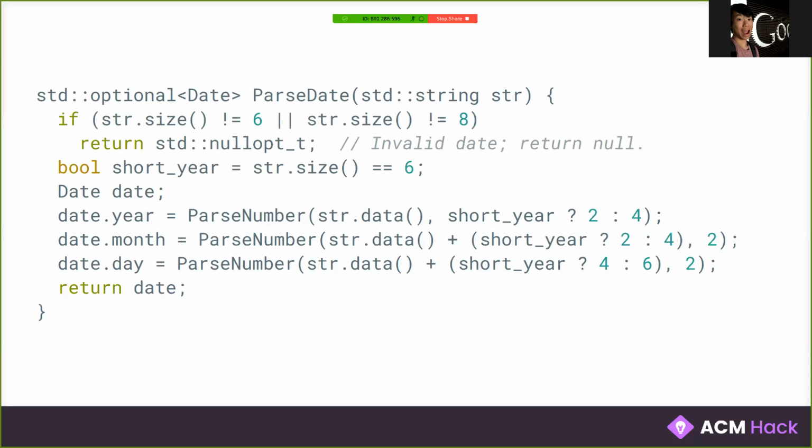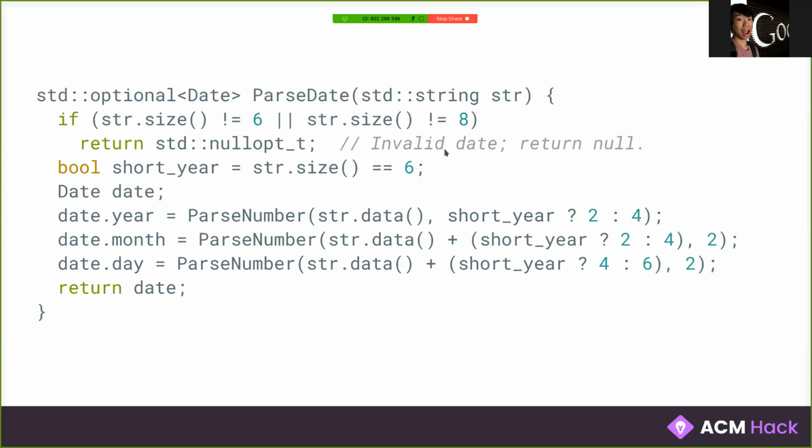Well, that wasn't too difficult because we just add some if statements and things will probably work out okay. A couple things changed. First, we see that str size used to be only checking for 8, but now we also have to accept 6 as a valid length of the string, just because we now accept years with two fewer digits.